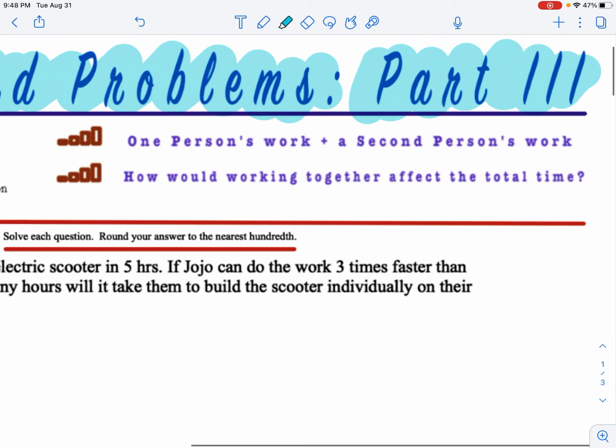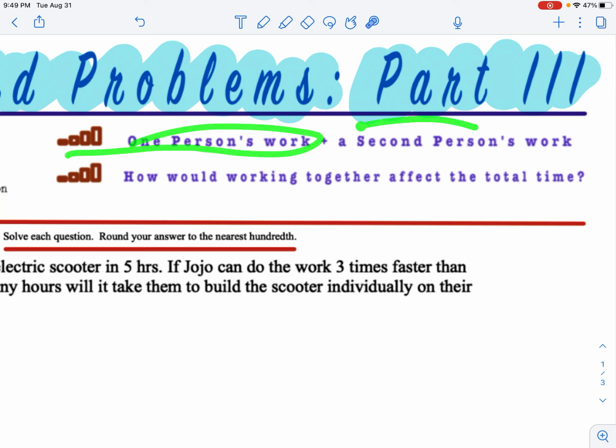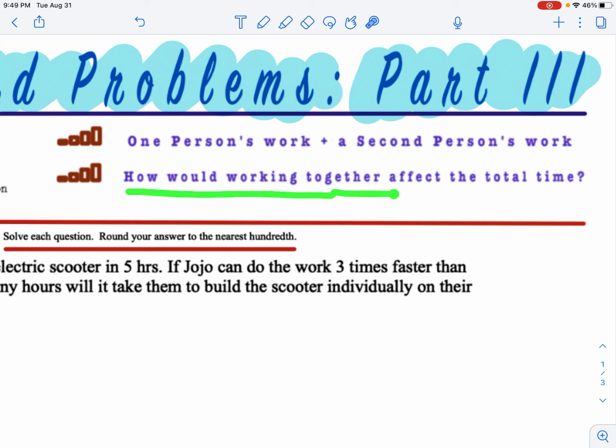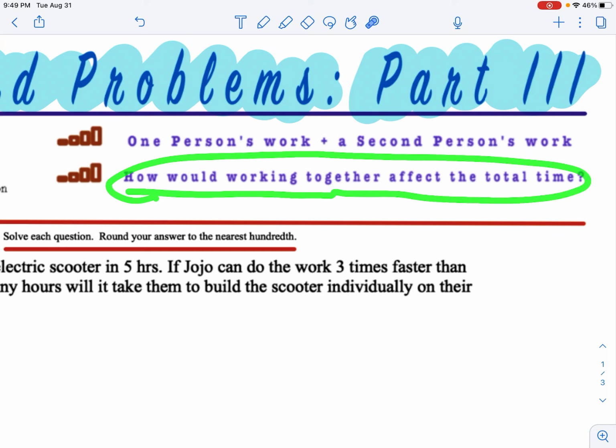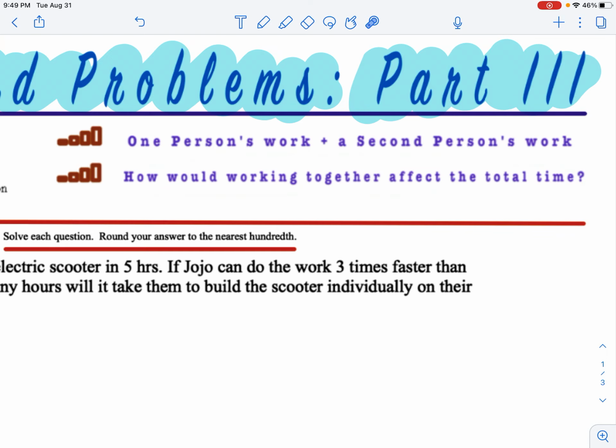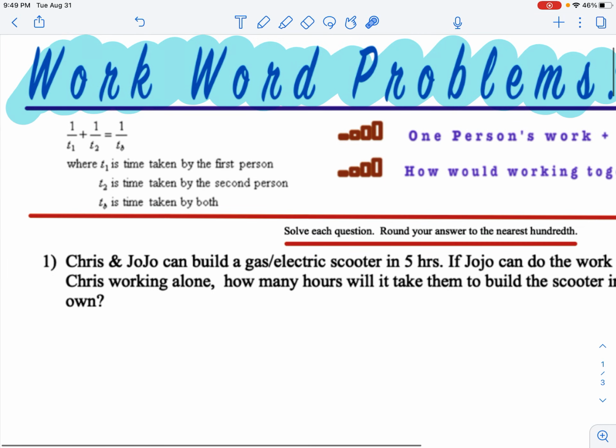So let us remember that work problems are one person's work plus the second person's work. And in this case, actually, we're going to work on a third person's work as well. And then we also remember how working together would affect the total time in whatever job is being done. So we're going to see that as well.